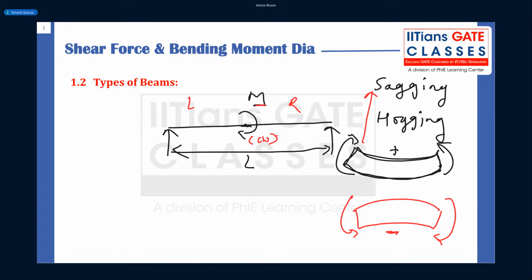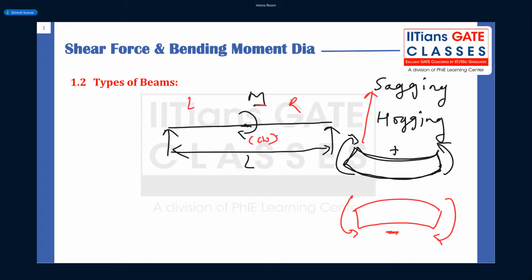You tell, left sagging or hogging? Right sagging. Very good. How did you decide it? Left hogging, right sagging. Very good. Left hogging, right sagging. Good. So how is it decided?